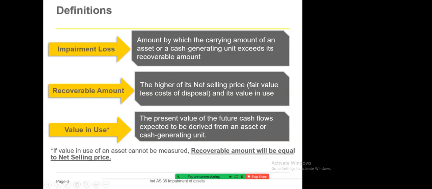What we mean by fair value and the cost of disposal, we will discuss in our upcoming slides. Value in use is the present value of the future cash flows expected to be derived from an asset or a CGU. The standard says if the value in use of an asset cannot be measured, recoverable amount will be equal to the net selling price.